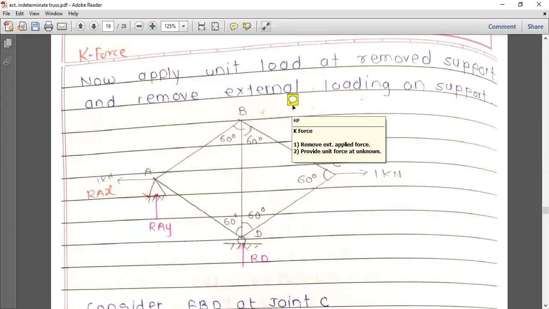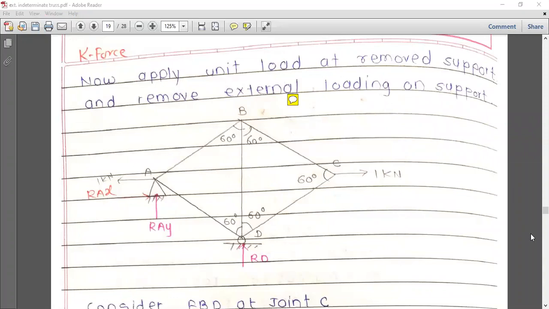In this example, before going for K forces, we have considered the P forces. In that, we considered the roller support acting at joint C as the unknown. In that case, we removed this.